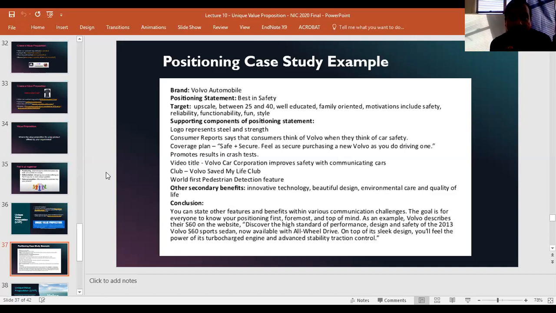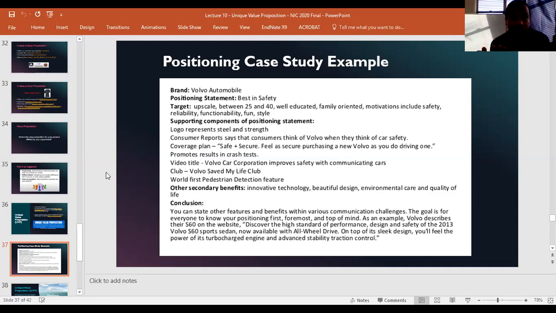In the statement itself, it is written here, the supporting components of the positioning statement. The logo represents style and strength. Consumer Reports says that consumers think of Volvo when they think about car safety. You see the positioning: there is Consumer Reports, some evidence they are showing as support.